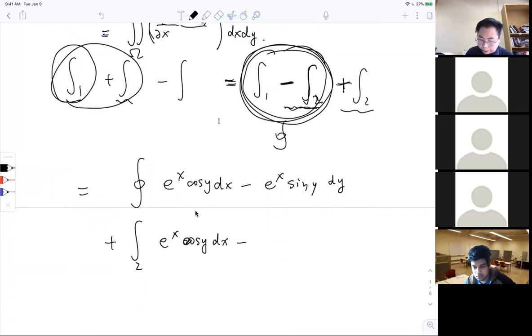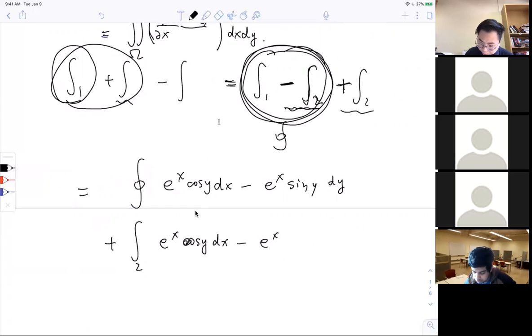As we will see later, for the divergence theorem, we have similar stuff. In that case, instead of adding a loop, adding a line integral, we add a surface integral to make the surface closed.